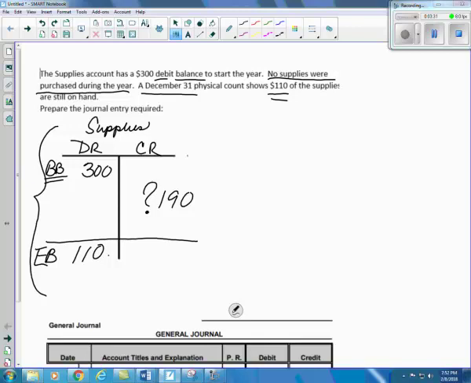Another way we could do this is to say, well, what our balance is right now is $300.